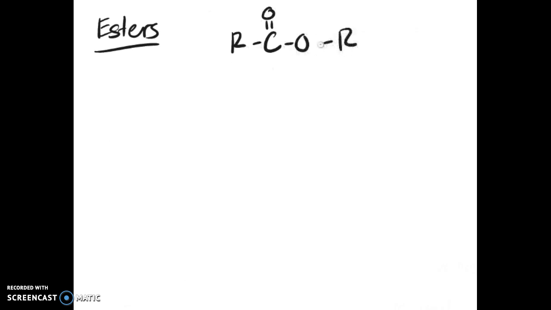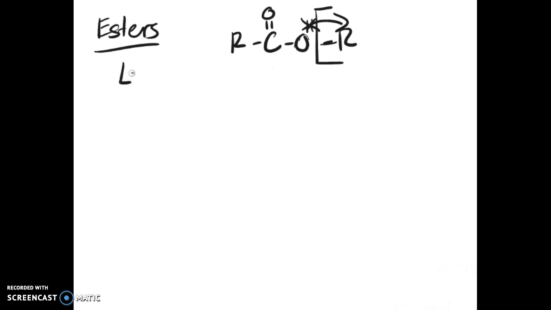We have two different chains connected by the oxygen here, and this carbon at the end of this chain is double bonded to an oxygen. So if you look at it this way, you have the carboxylic acid group, except you have an R here. The H in the hydroxyl group was replaced by another organic chain. In this case, I just wrote an R.